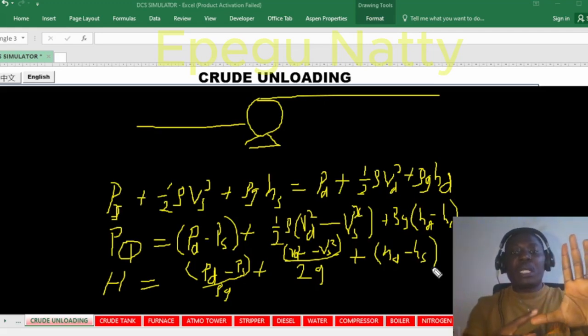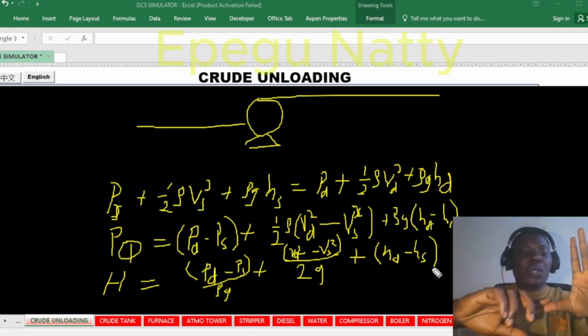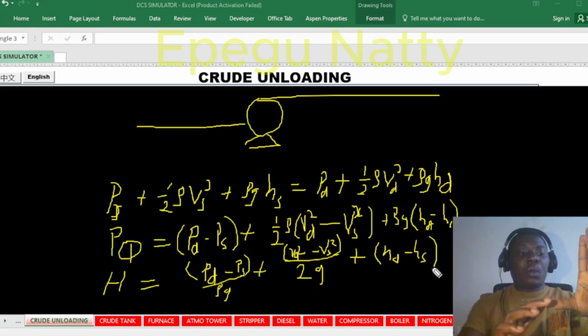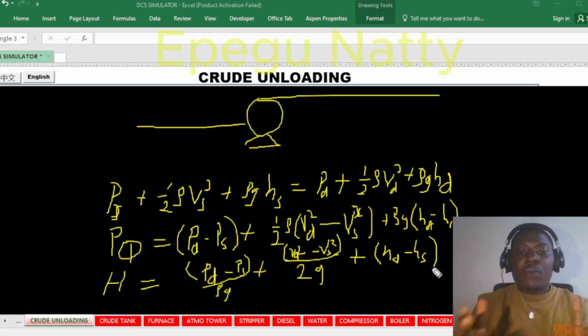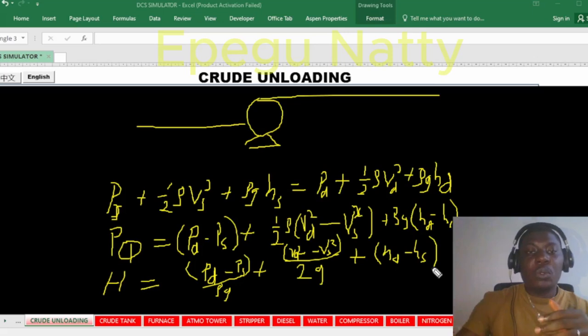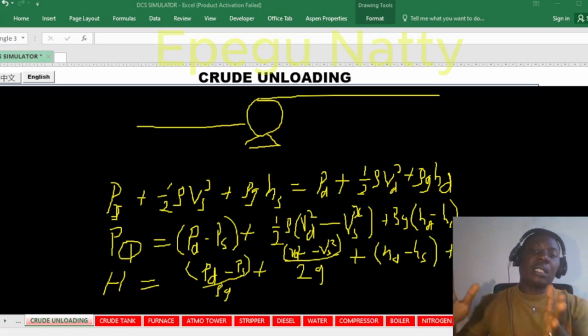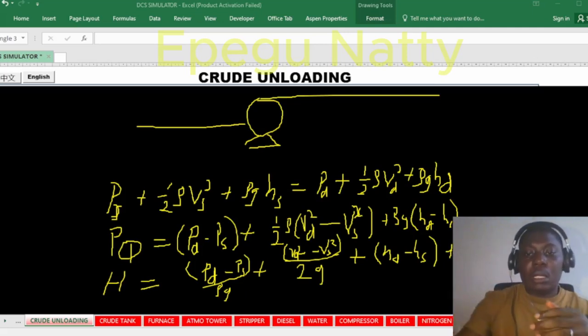And also we have bends. Just imagine a fluid coming in and then going up like this, it comes here and it goes here. So immediately it hits this ending here, there is going to be a restriction. The flow will reduce. So these bends are also losses, and they are also going to be factored into this calculation. So we can add the losses at the suction side and also at the discharge side.